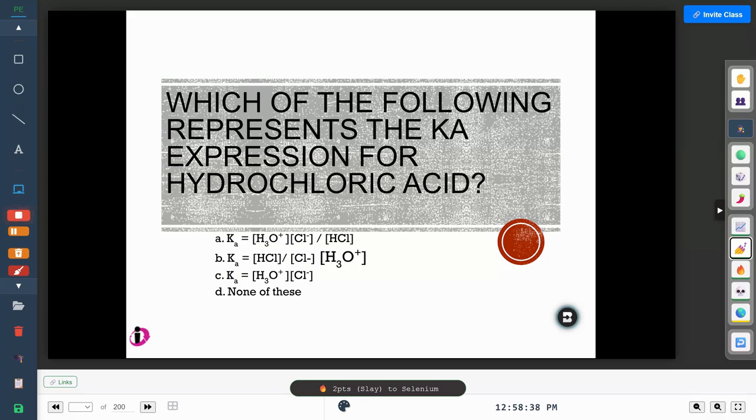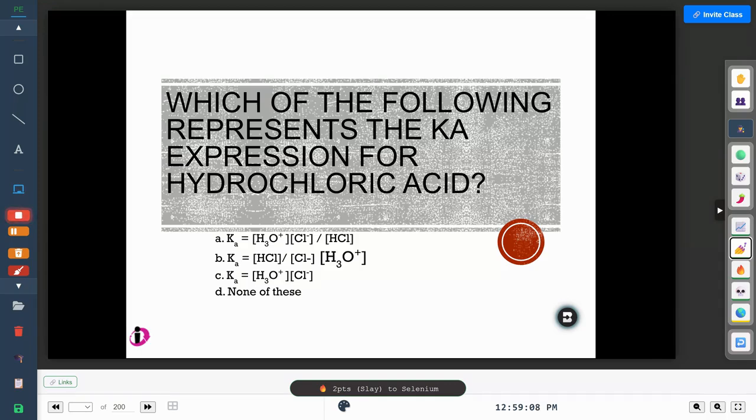Is it anything? Yeah, it should be in there. But doesn't the products go on the top? Products do go on the top, though.